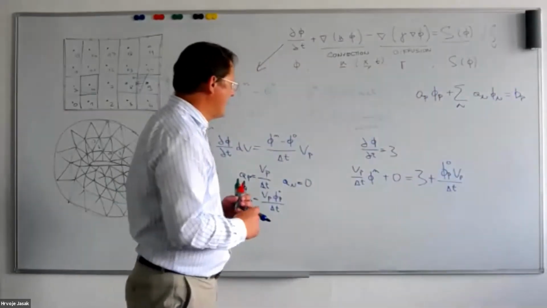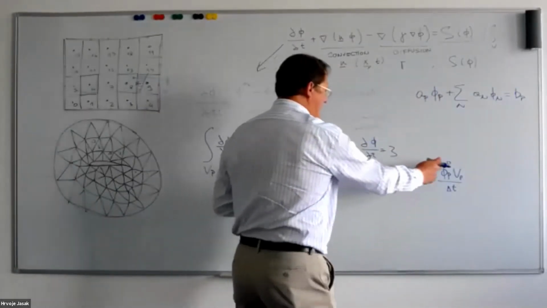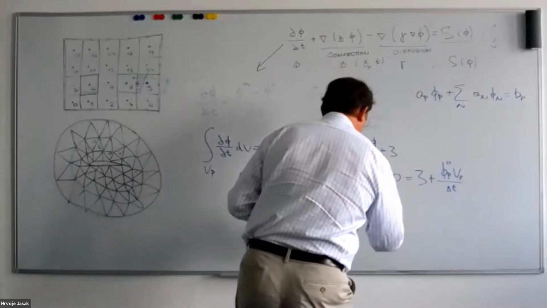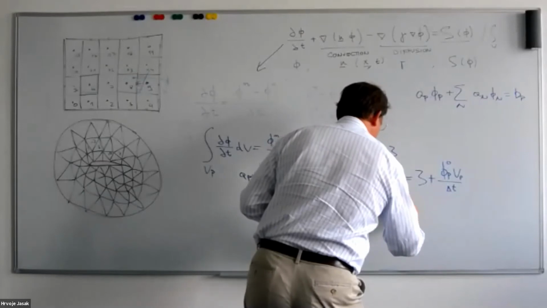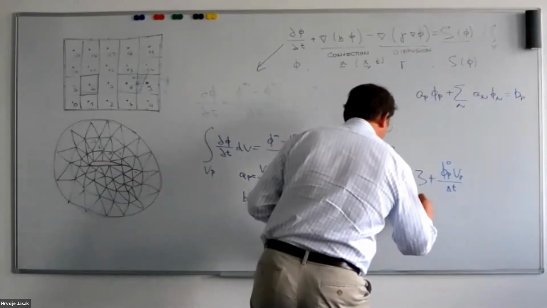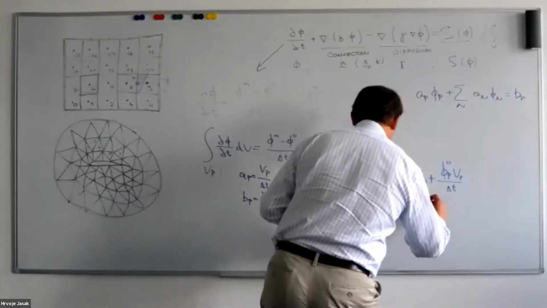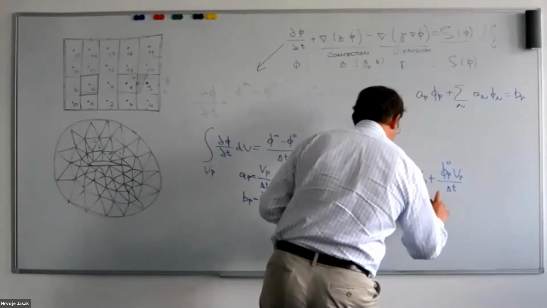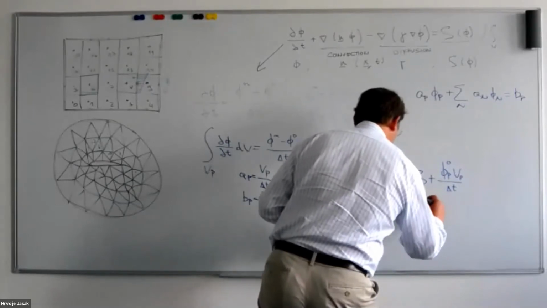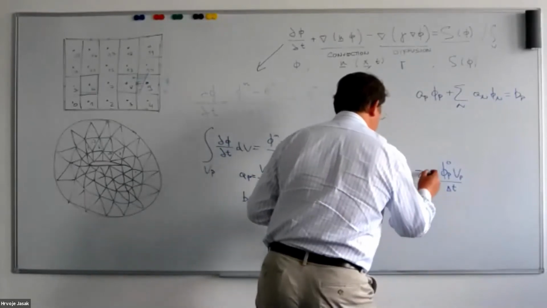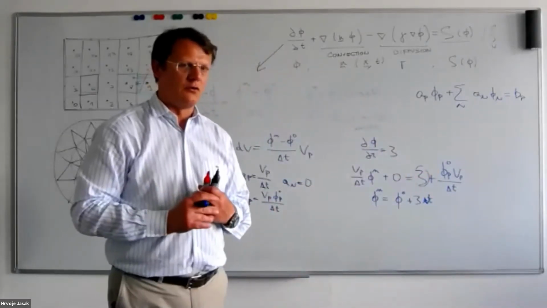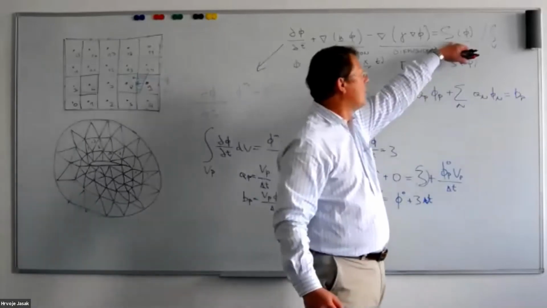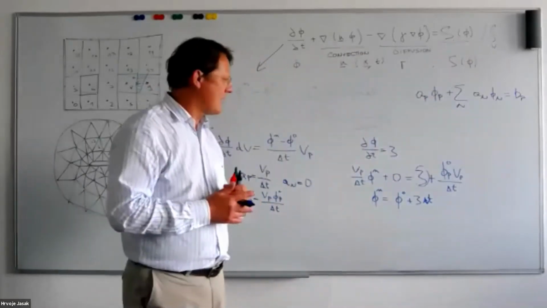Or if you like, this cancels out, and I'm going to have phi new equals phi old plus 3 times delta t, because that 3 needs to have Vp built into it already as a result of integrating the right-hand side.